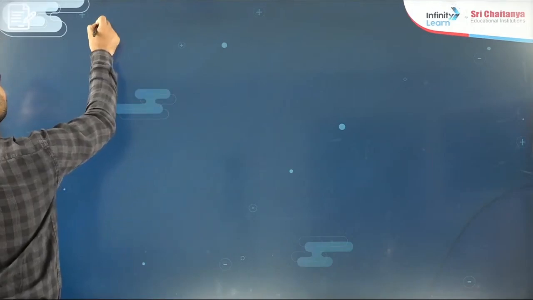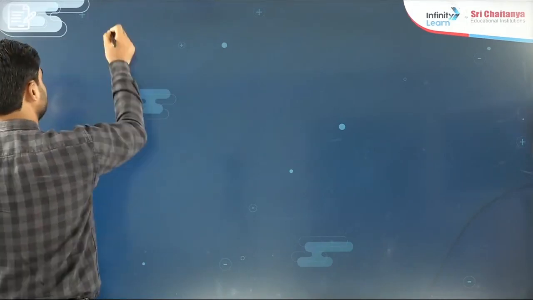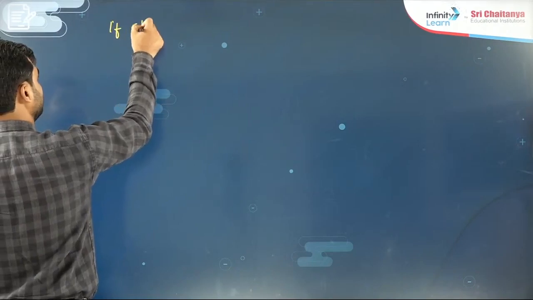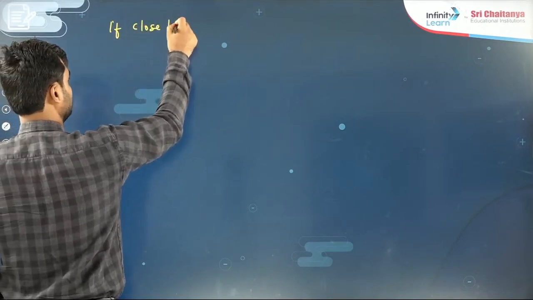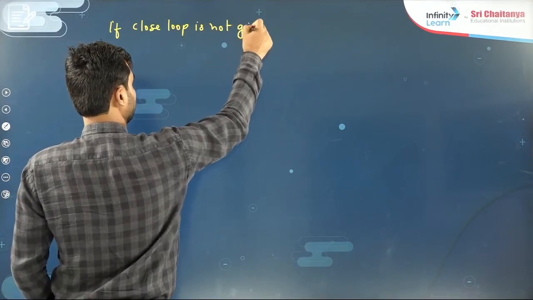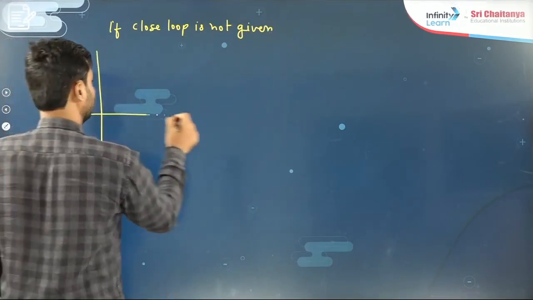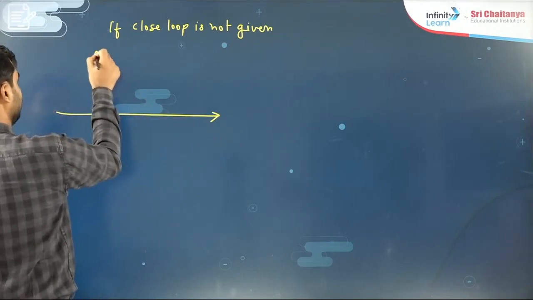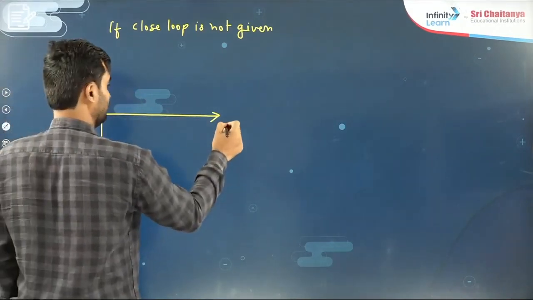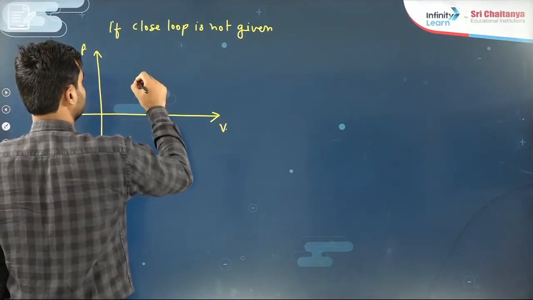If you remember, again we can write: if a closed process is not given, if a closed loop is not given, suppose the given graph is like this, this is pressure and this is volume.